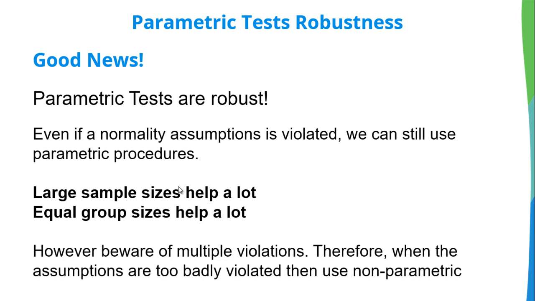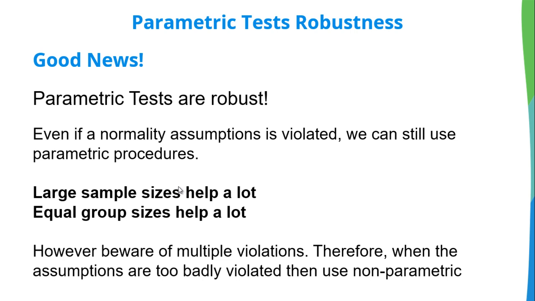However, be aware of multiple violations. When the assumptions are too badly violated, then use non-parametric. That's when non-parametric comes in. Maybe the first one fails, the second fails, the third fails. Oh, they are all failing. Then know that this is not data for parametric procedures, so you use a non-parametric test to analyze your data.